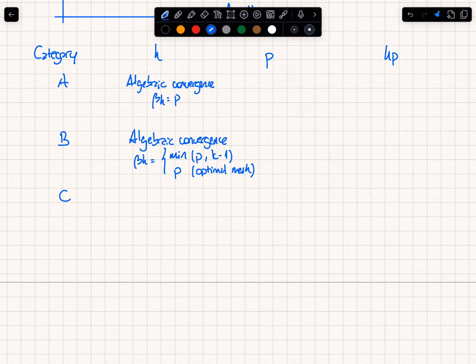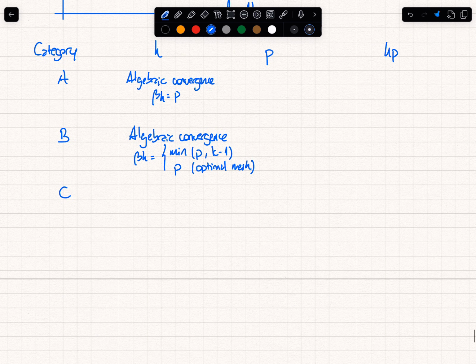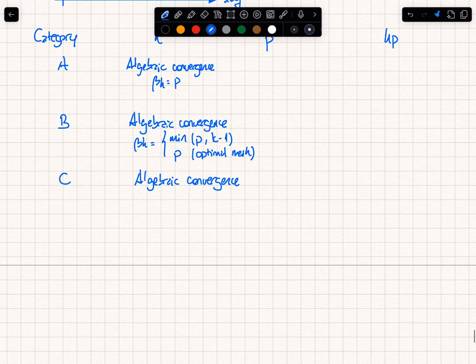So problems in category C, which are the very nasty ones, we get algebraic convergence, and we can only state that beta H is greater than 0, which is okay, it's good. At least we know that they converge for those problems.